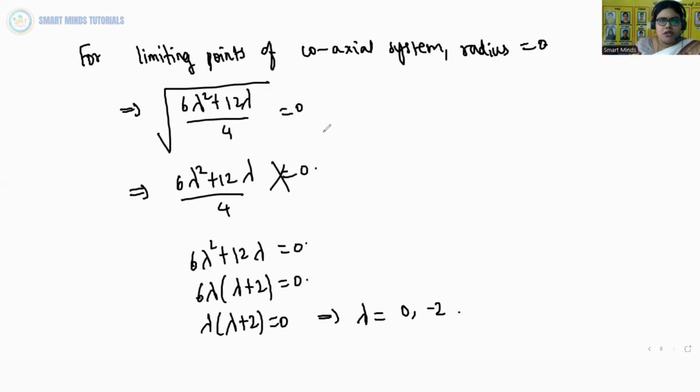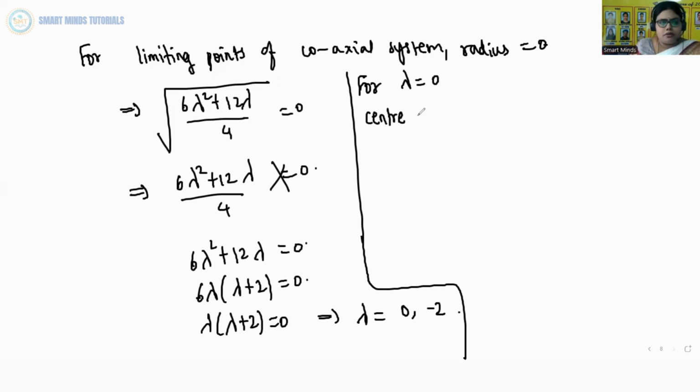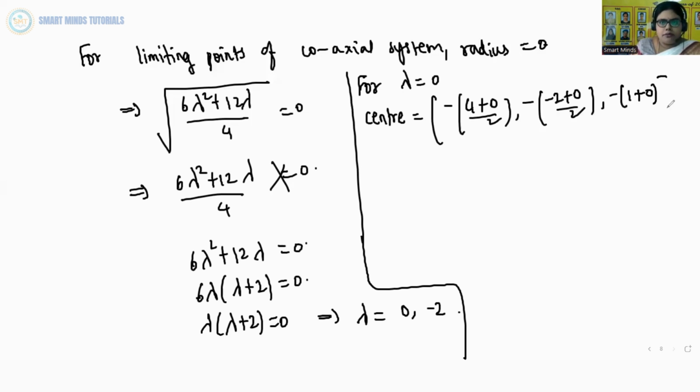Now we need to substitute these lambda values in center and radius. So first let us take lambda is equal to 0. Center is minus of (4 plus 0) by 2, comma minus of (minus 2 plus 0) by 2, comma minus of (1 plus 0). That is minus 2 comma 1 comma minus 1. And for lambda is equal to minus 2, we need to find center again.